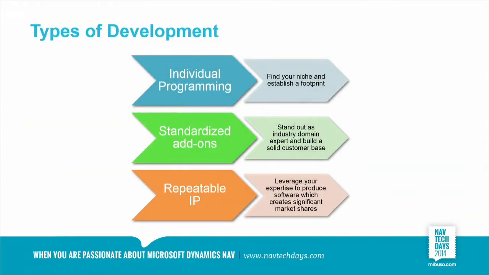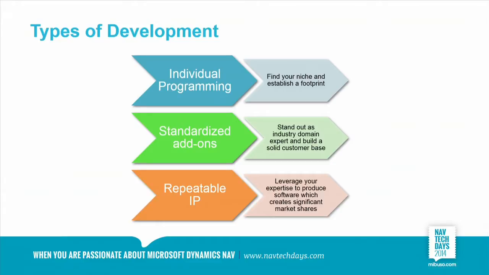There are 3 types of development that coincide with the development of the partner organizations that we're all working in or for and sometimes against. The first phase was that of individual programming, and that coincided with your partner organization trying to find your niche, trying to establish a footprint in your markets.